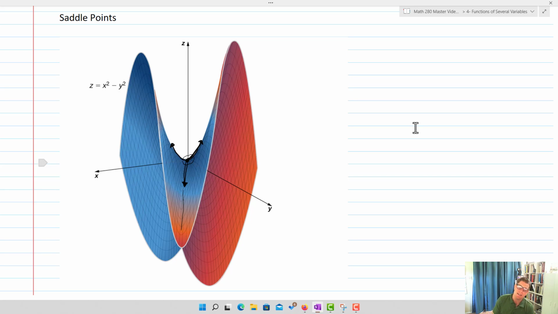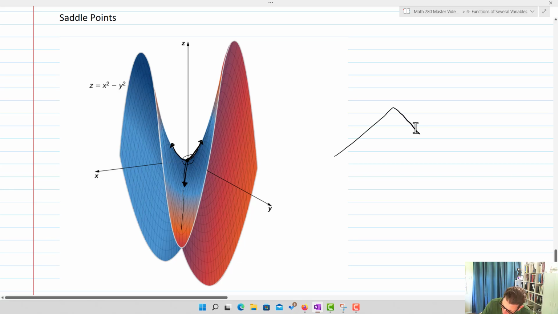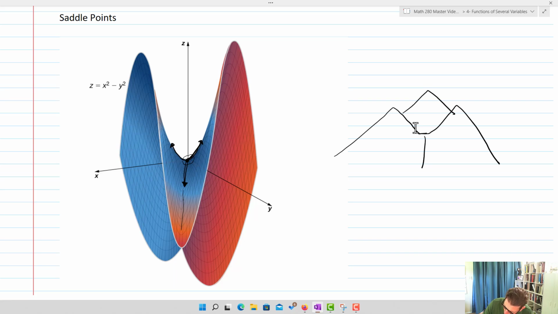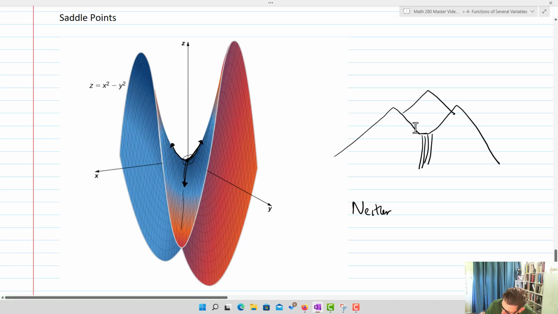It's called a saddle because if you are hiking in the mountains, a saddle is the point where you've got mountains on either side and a mountain in front, but you have to climb up to it. That's called a saddle inside of a mountain range. So a saddle point is neither a minimum nor a maximum.